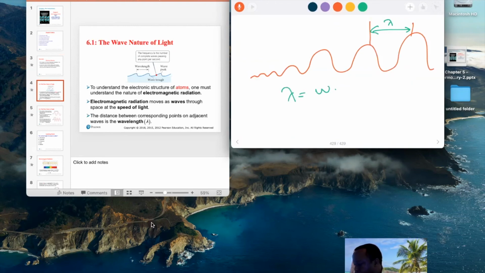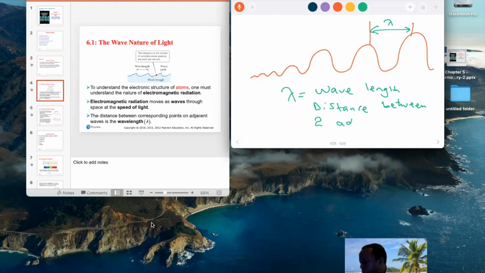Distance between two adjacent peaks is defined as the wavelength, or two adjacent troughs. All right, it could be two adjacent troughs. Right here, the lowest point is called the trough. It also represents the wavelength.